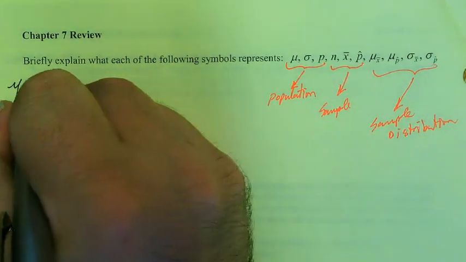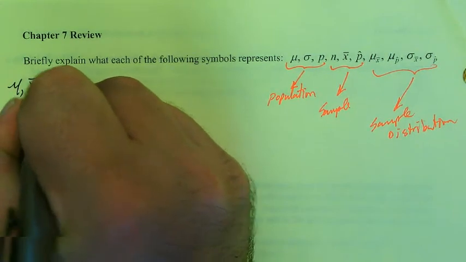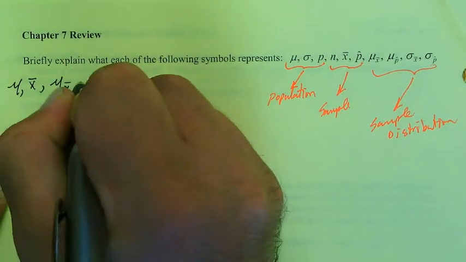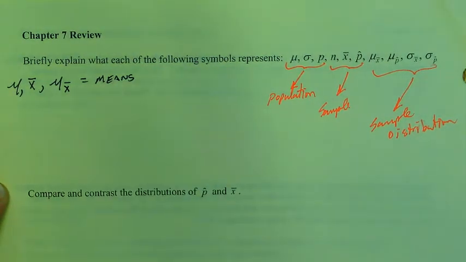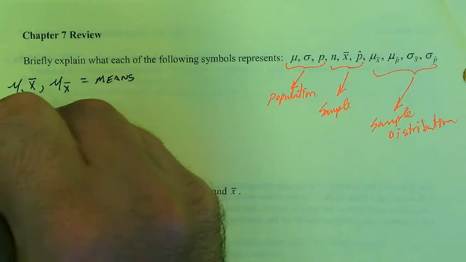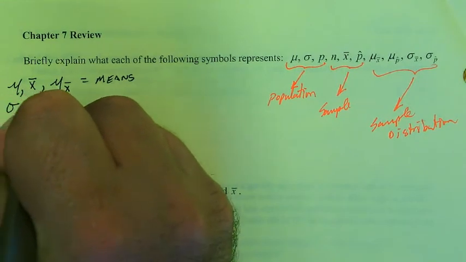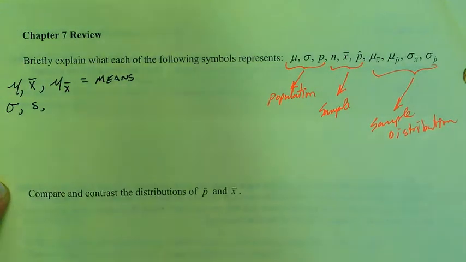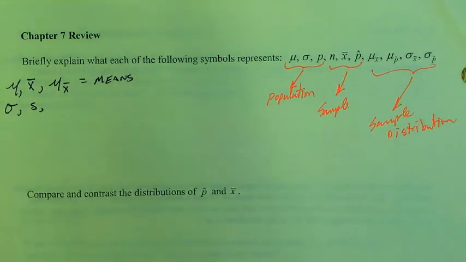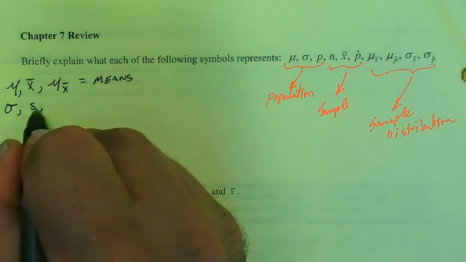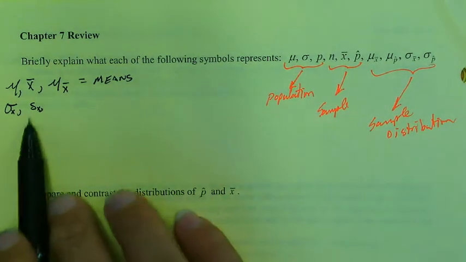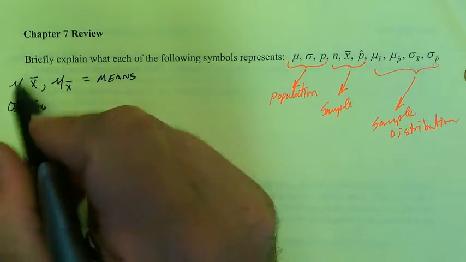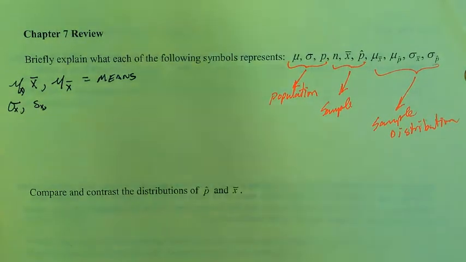Right, so mu, x bar and mu x bar talk about means. Okay, sigma, s, or sigma x, s sub x talk about variable x, and over here we could say mu sub x.